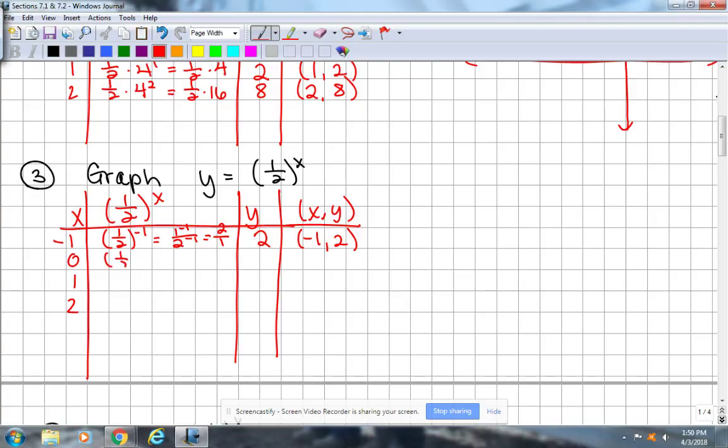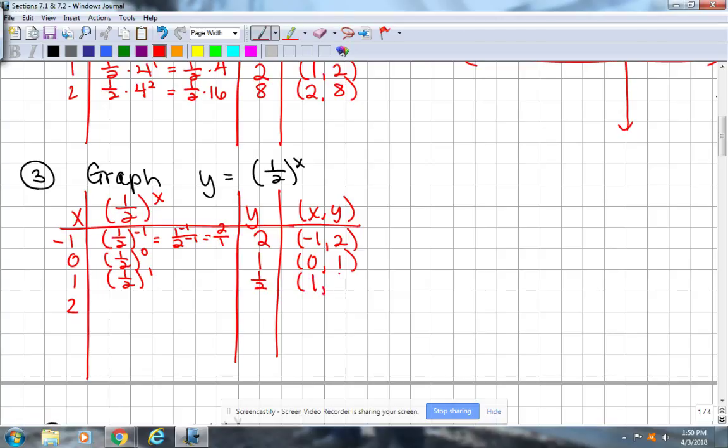So then I have 1/2 to the 0 power. What's anything to the 0 power? 1. Then I have 1/2 to the first power. What's anything to the first power equal? Itself. So 1/2 to the first power is 1/2.